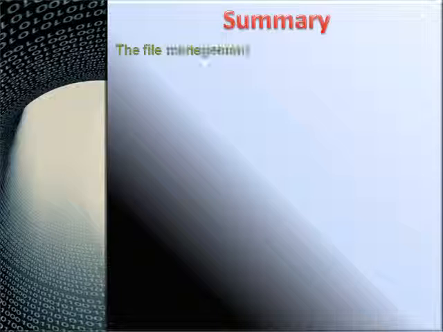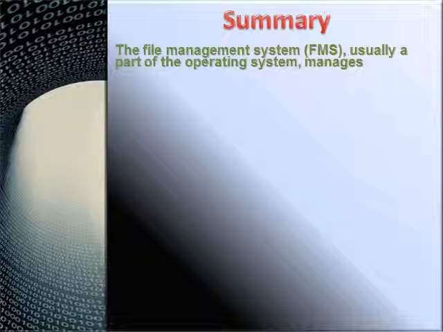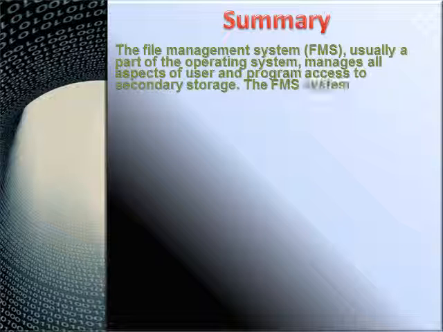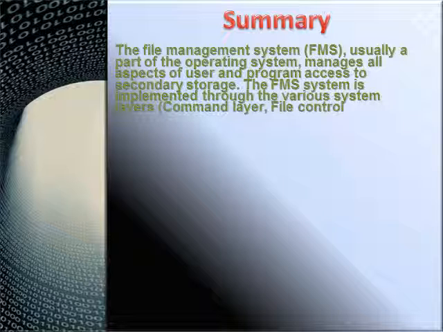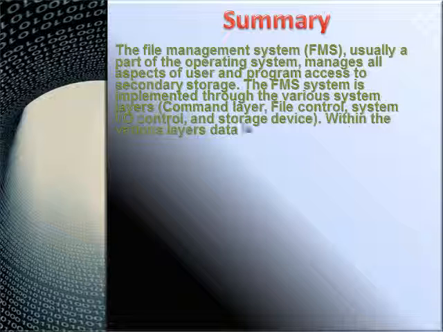In summary, the File Management System, FMS, usually a part of the operating system, manages all aspects of user and program access to secondary storage. The FMS is implemented through various system layers: command layer, file control, system I/O control, and storage device layer.